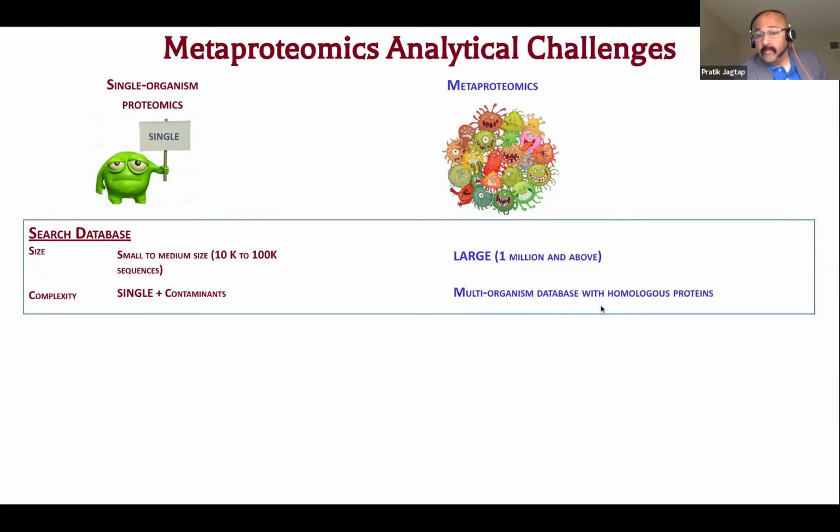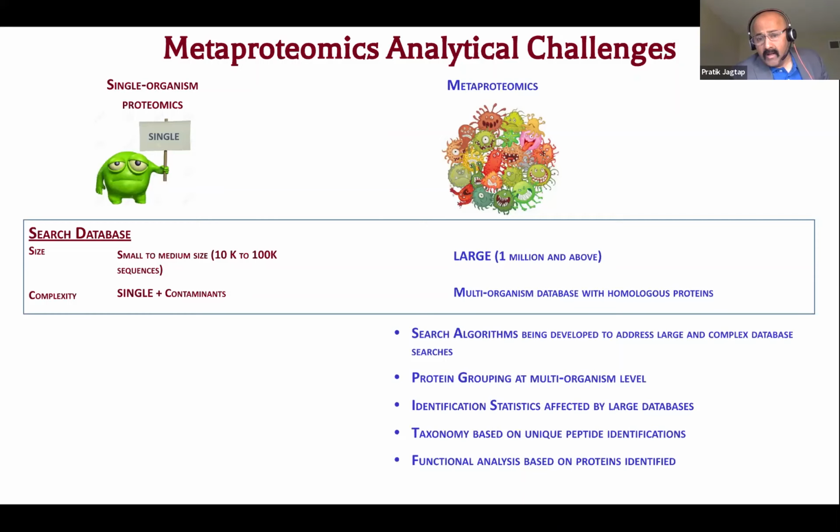And then there are quite a few homologous proteins, which makes it challenging to find out which organism a particular peptide or protein comes from. In order to take care of this, quite a few search algorithms have been developed. Protein grouping has to be done at the multi-organism level instead of at a single organism level.